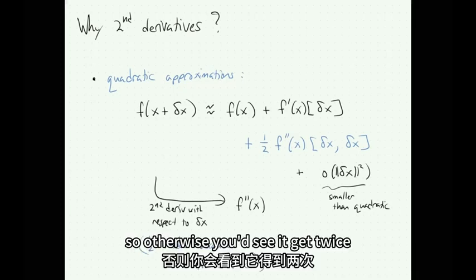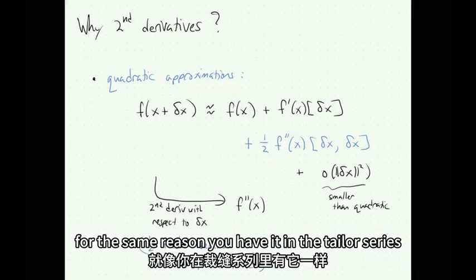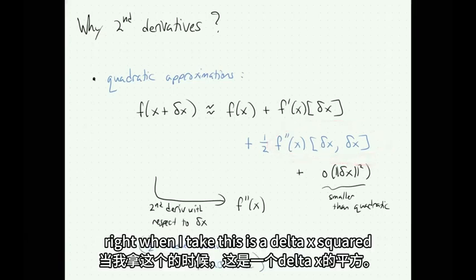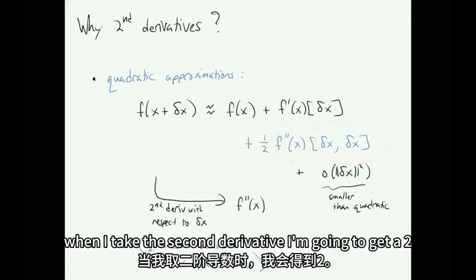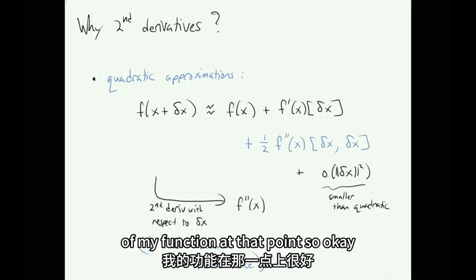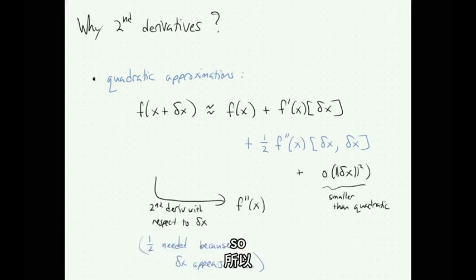Otherwise you'd get twice the value. Just like for the same reason you have it in the Taylor series, right? If these are just scalars, when I take the second derivative of delta x squared, I'm going to get a 2. And if I really wanted to match the second derivative of my function at that point.